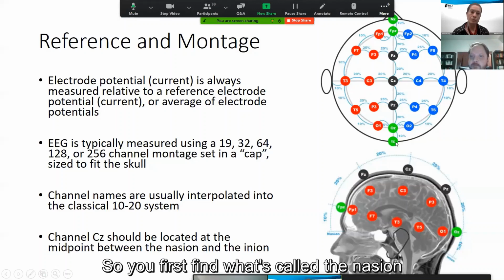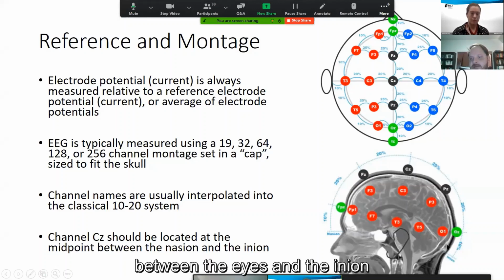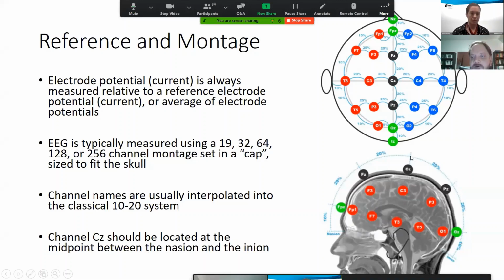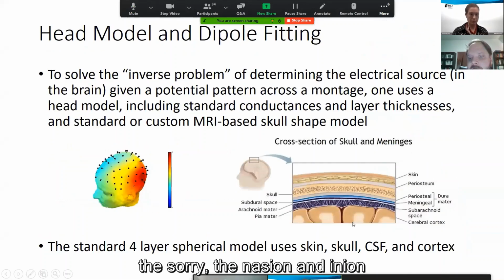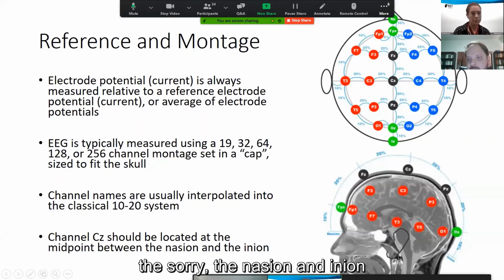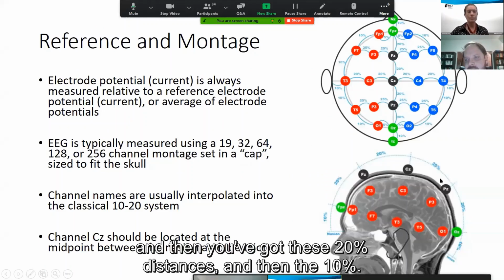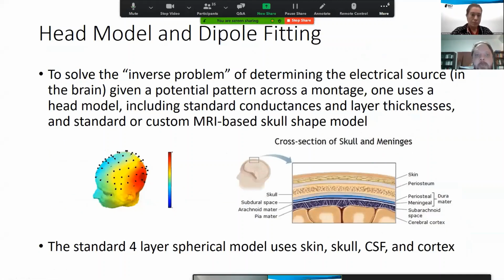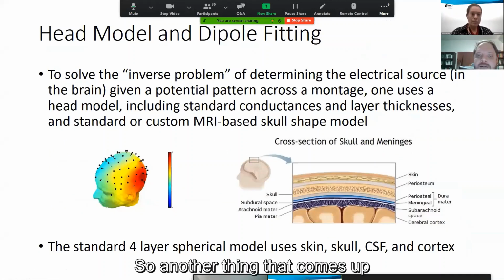You first find what's called the nasion between the eyes, and then the inion, which is the base of the skull, and then you place Cz exactly halfway between the nasion and the inion, and then you've got these 20% distances, and then the 10%. So that's the 10-20.